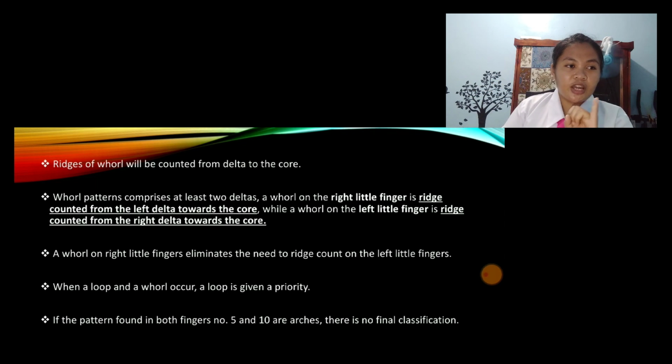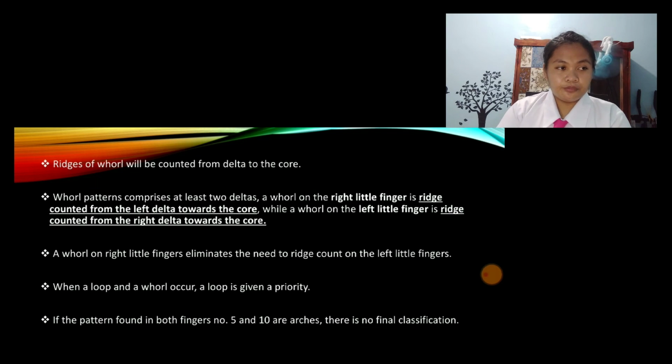A whorl on the left little finger is ridge counted from the right delta towards the core. So it is vice versa between the right little and left little fingers. A whorl on the right little finger eliminates the need to ridge count the left little finger.